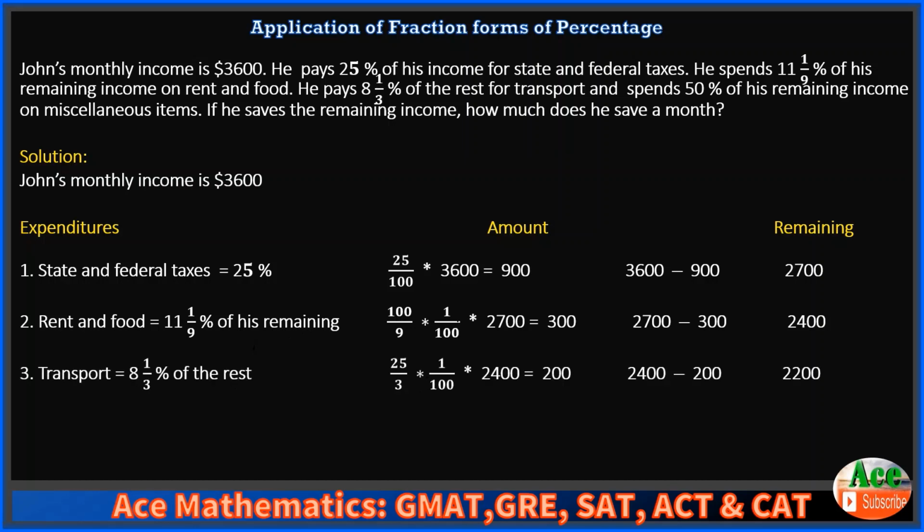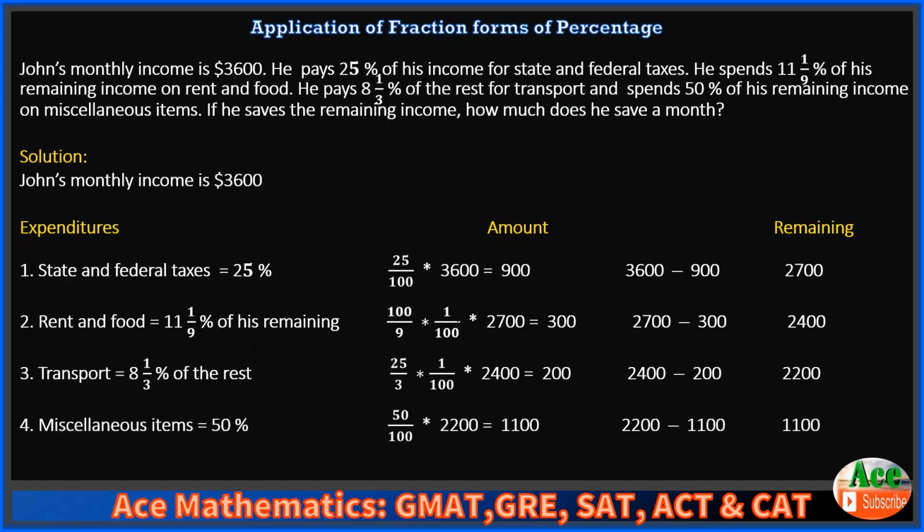Transport equals 8 and 1/3% of the rest. 25 by 3 multiplied by 1/100th multiplied by 2,400, that is 200. 2,400 minus 200 equals 2,200.